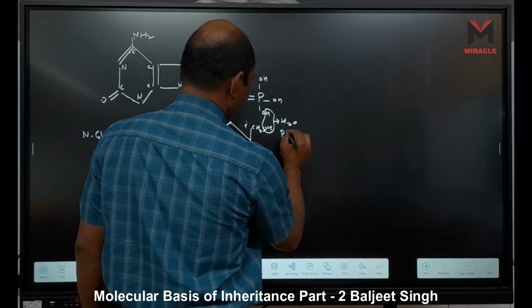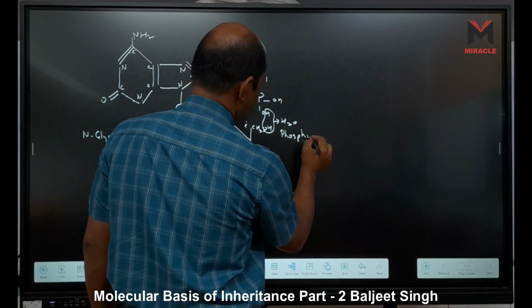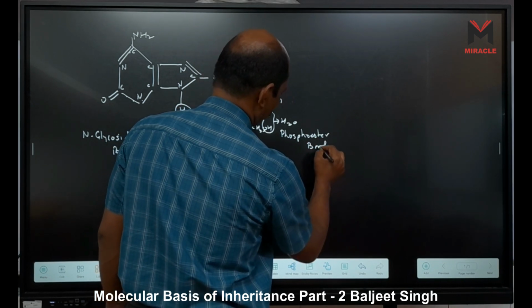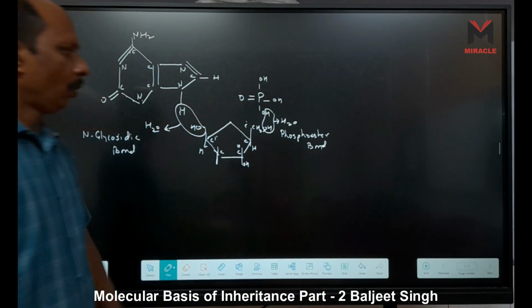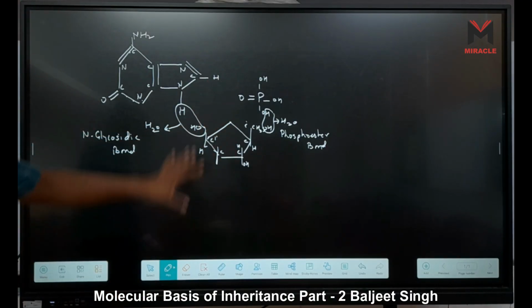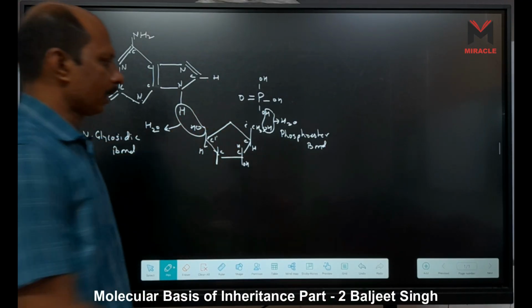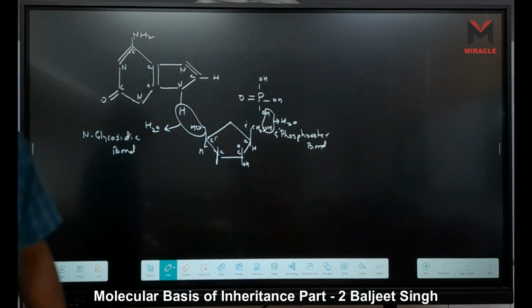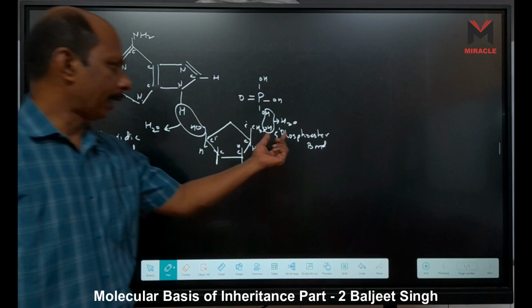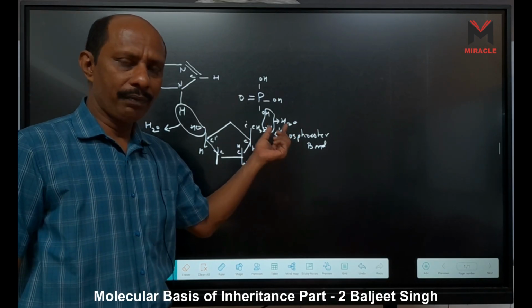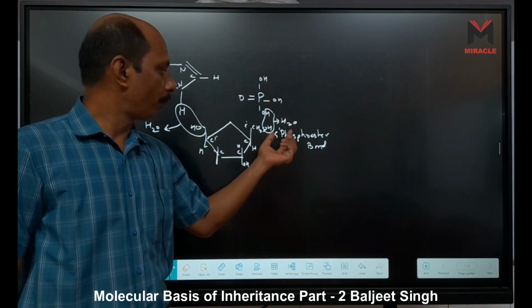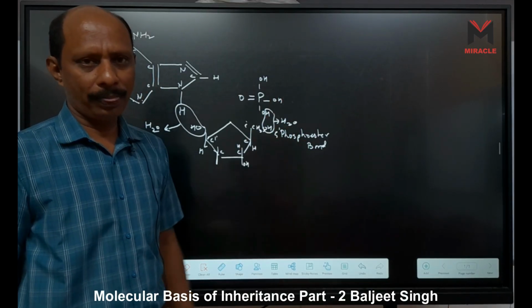A phosphoester bond is formed. Which phosphoester bond? Because the fifth carbon is attached here, we can say 5' phosphoester. Now you understand this side is called 5'. 5' means it is at the 5' terminal, with the phosphoester bond or phosphoric acid, right?